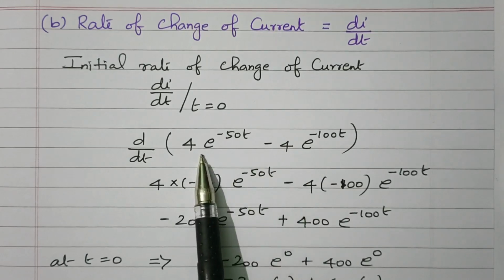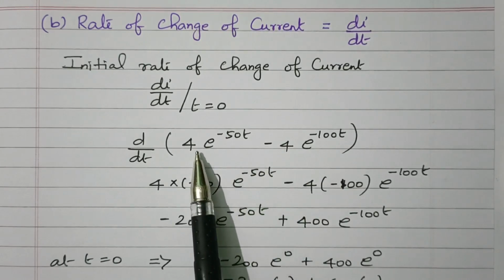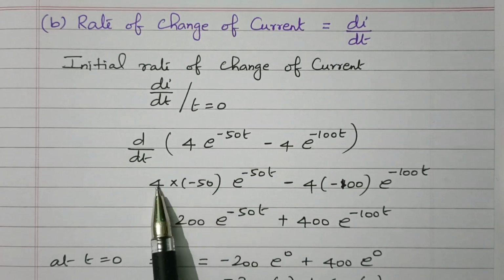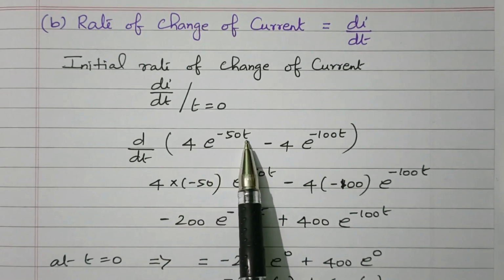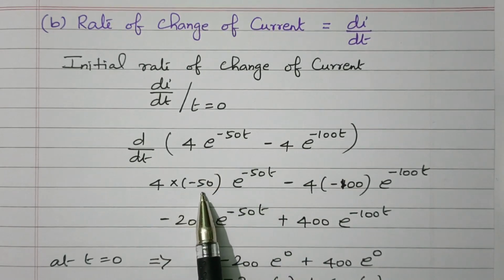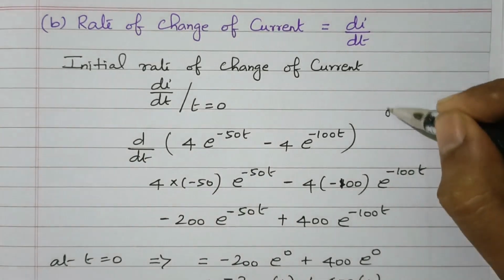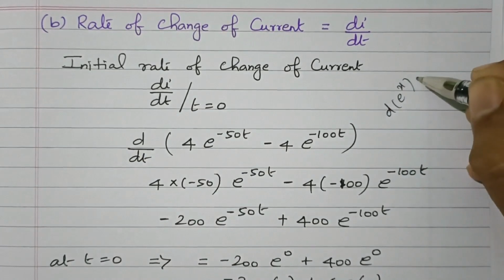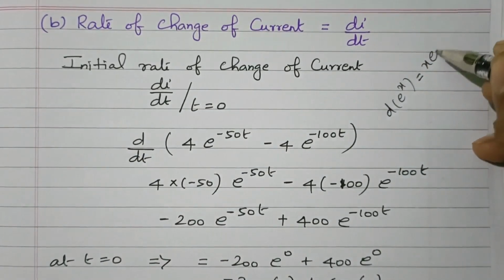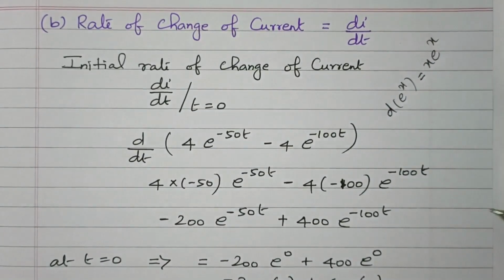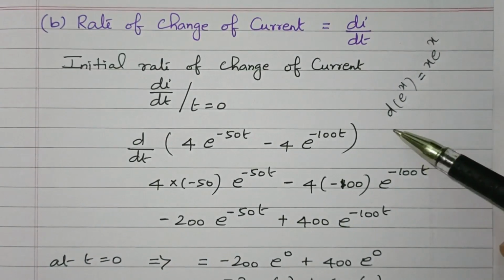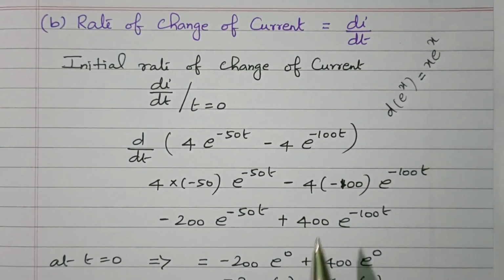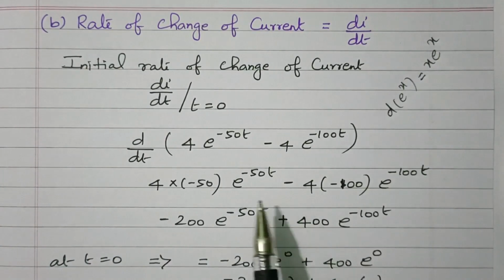This is the expression for current I of t. Now we have to differentiate. 4 is constant, and the differentiation of e power minus 50t is minus 50 into e power minus 50t. The differentiation of e power ax is a e power ax, so this is the basic formula, and the coefficient comes in front.